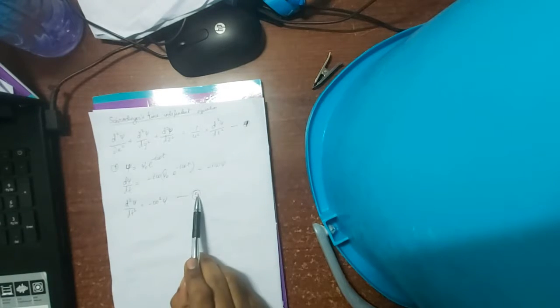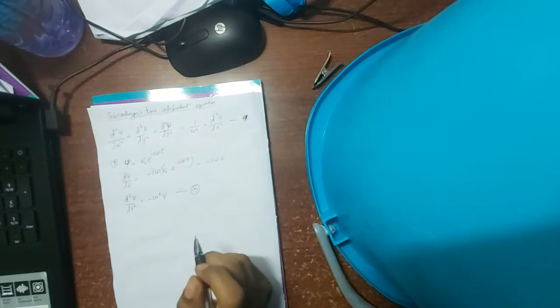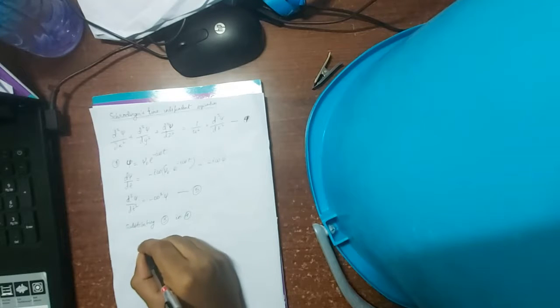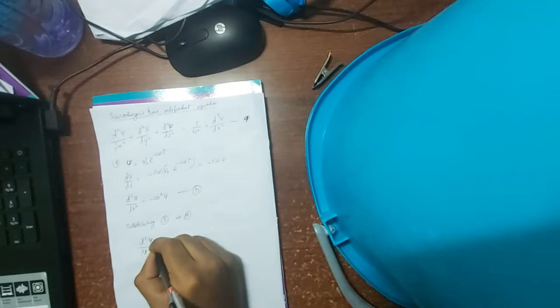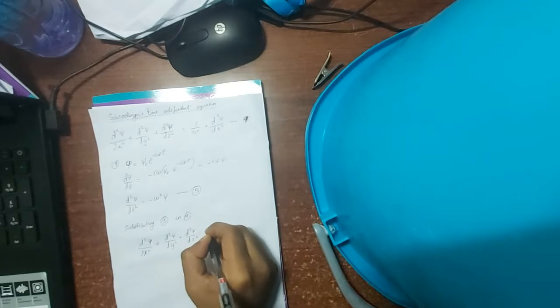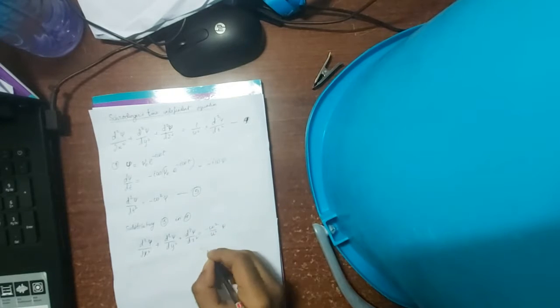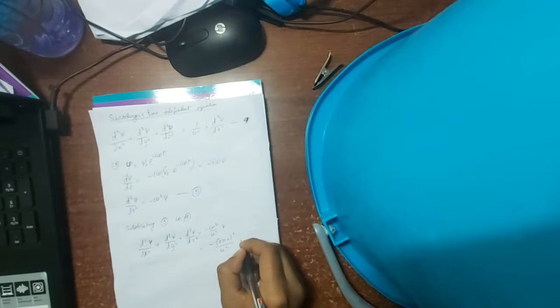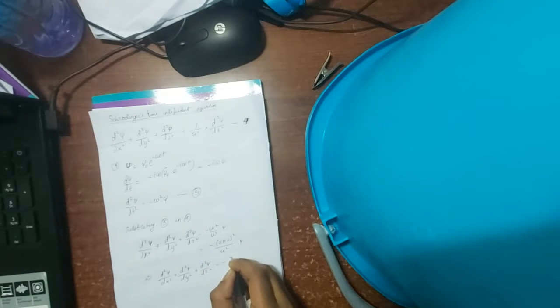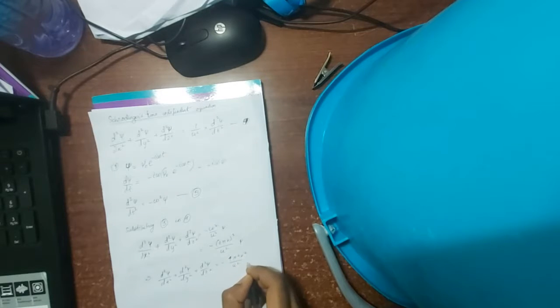Now if we substitute equation 5 in 4, we get the right side equal to minus 2 pi nu whole square by u square into psi, which in turn implies that d square psi by dx square plus d square psi by dy square plus d square psi by dz square is equal to minus 4 pi square nu square by u square into psi.